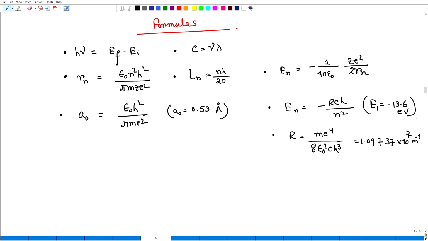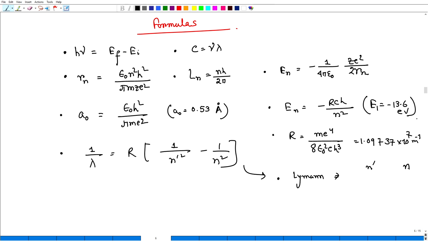This was also discussed, and the Rydberg formula, this is the Rydberg formula. Lambda is the corresponding wavelength, R is the Rydberg constant, and what was the series? Lyman: for Lyman it is 1 and coming from 2, 3, 4 and so on.